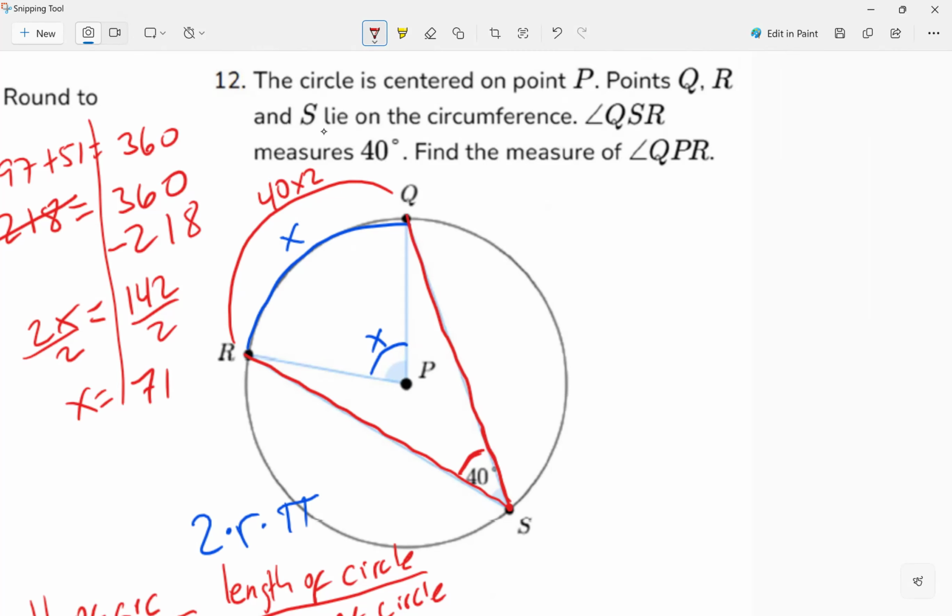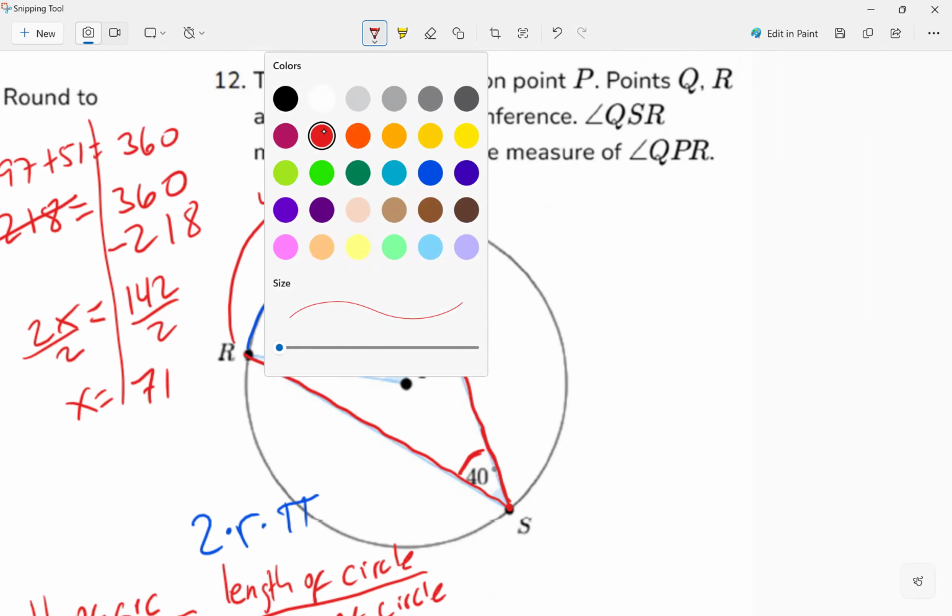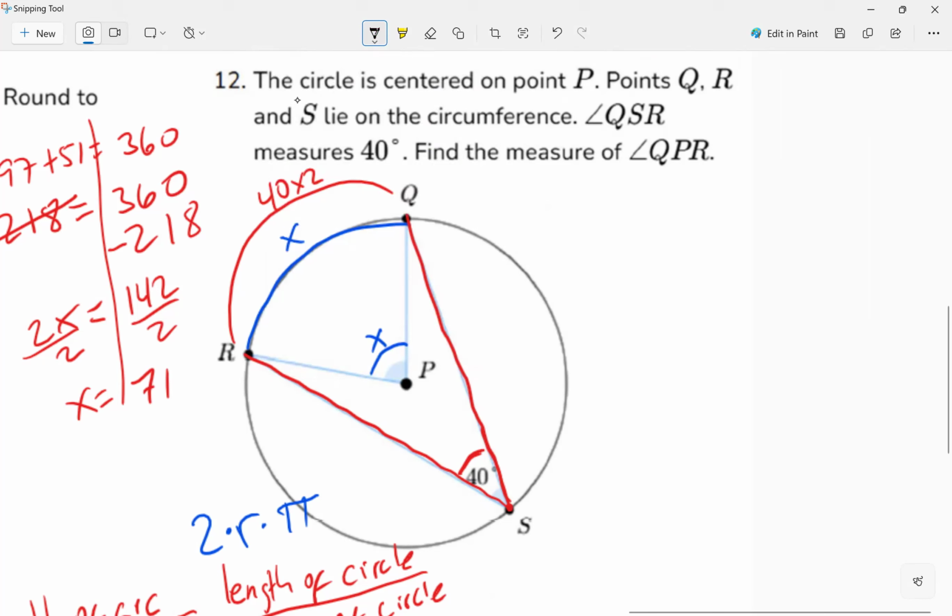Okay, so you might be wondering, what does this have to do with X? Well, look at the arc. I said the arc is equal to x. And I said the arc is equal to 40 times 2. So if there are two measurements for the same thing, shouldn't I let them equal each other? I'm going to say x is equal to 40 times 2.